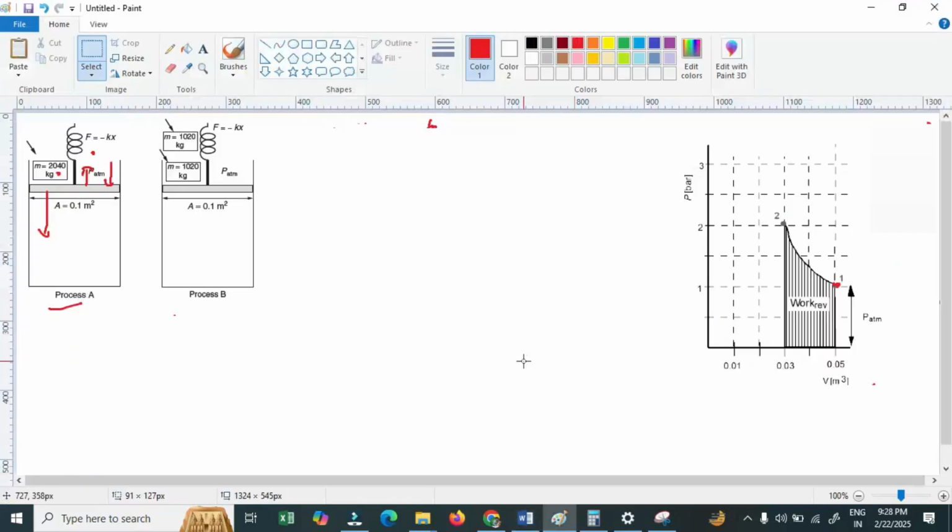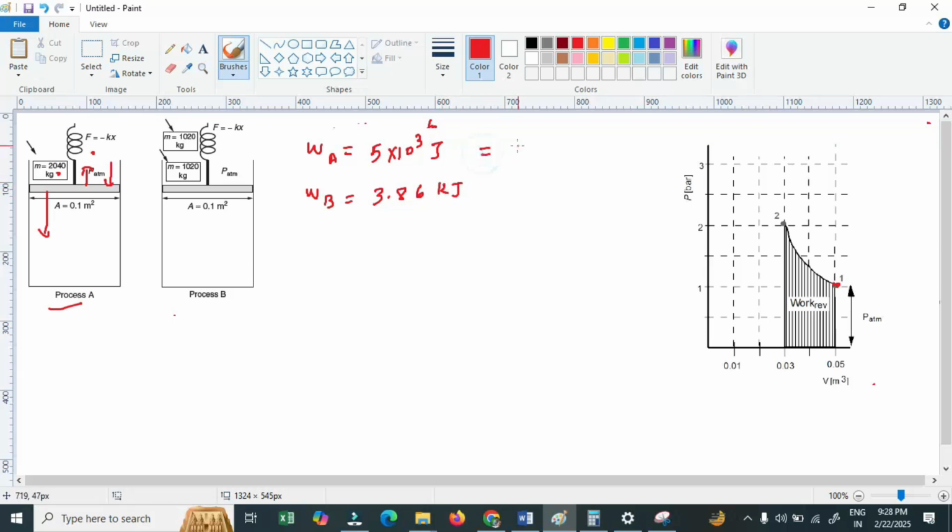Here, in the previous case I just made a small mistake, we'll be correcting that. The W value I obtained was not minus 5 multiplied by 10 power 6, it's 5 multiplied by 10 power 3 joule for process A. WB is equal to 3.86, approximately 3.86 kilojoules.